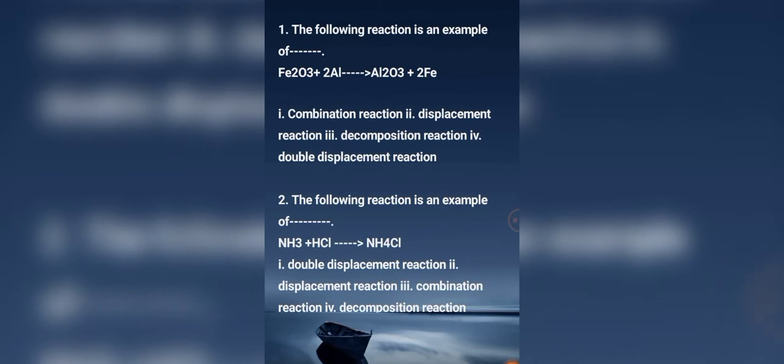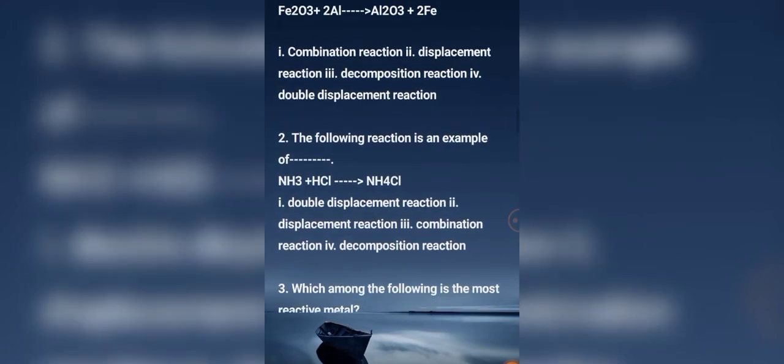Next question, the following reaction is an example of NH3 ammonia plus HCl hydrochloric acid form ammonium chloride NH4Cl. The type of reaction: double displacement reaction, combination reaction, decomposition reaction.